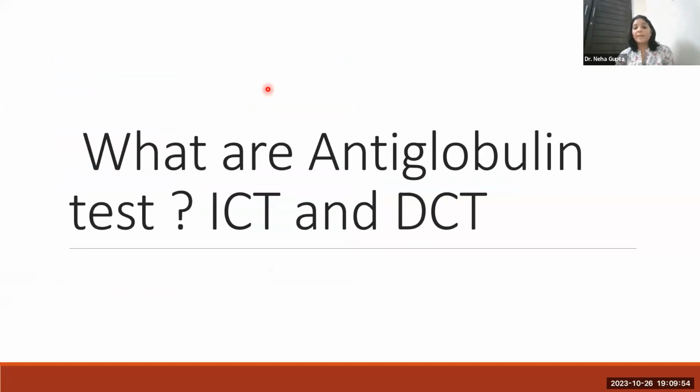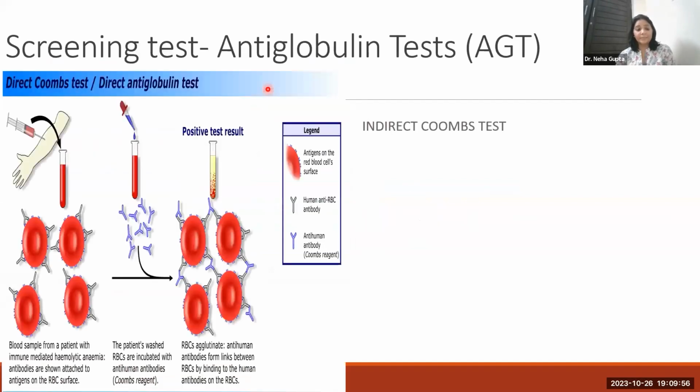So a word about these antiglobulin tests. In the direct Coombs test, the RBCs carry the antigen, and the antibodies have already combined with these antigens, forming an antigen-antibody complex. When you add the Coombs reagent that contains anti-human antibodies, clumping takes place, so this is a direct Coombs positive.